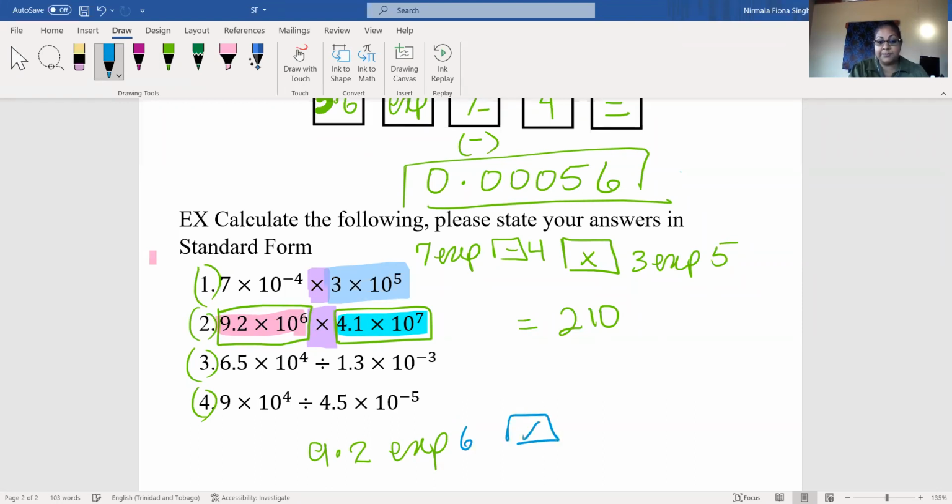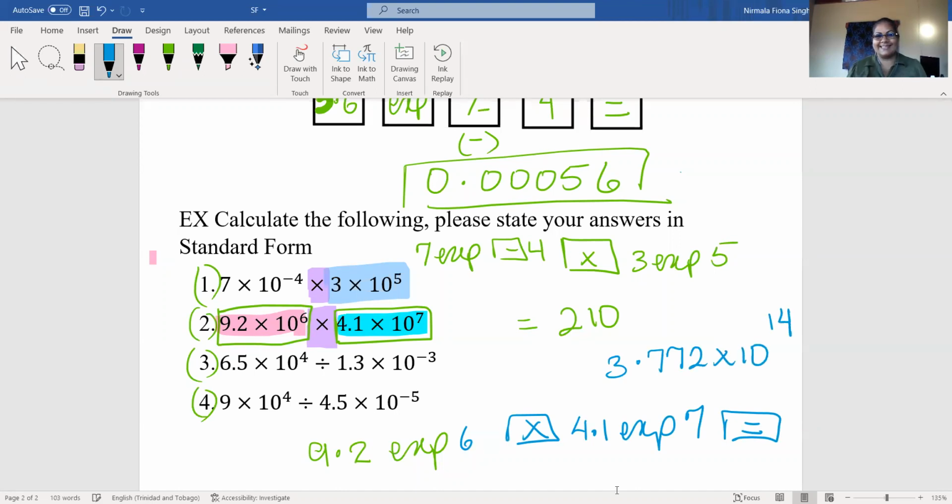Then we're going to hit the multiplication button, by the next one, 4.1 EXP 7. Then you hit your equal sign. Let me try it and see where I get to. 9.2 EXP 6 multiplied by 4.1 EXP 7. You should get 3.772 by 10 to the 14.